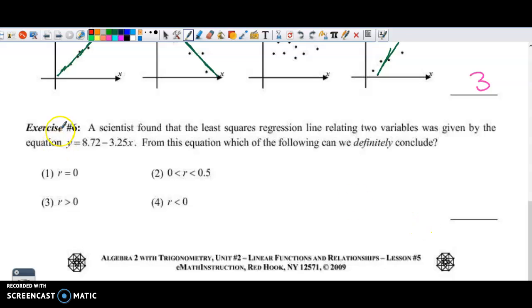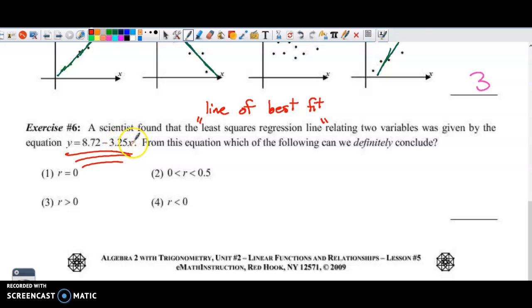And then here's another option where they come up with a least squares regression line. And remember, that phrase is the same thing as a line of best fit. I guess I should include line in there. So the least squares regression line is the same thing as the line of best fit. Just a synonym in math. And came up with this equation.